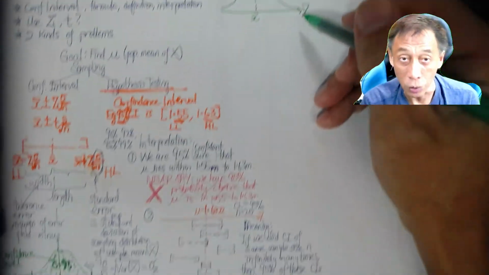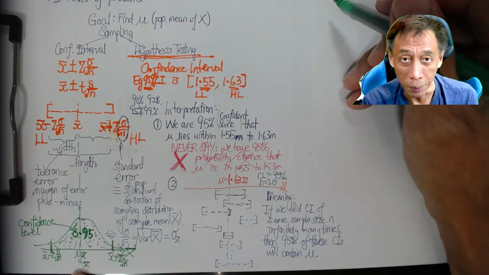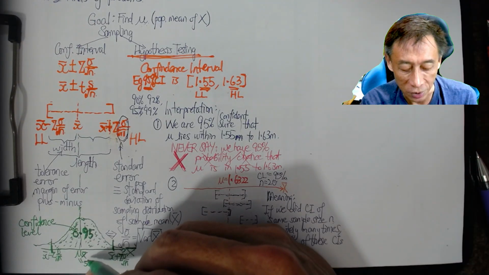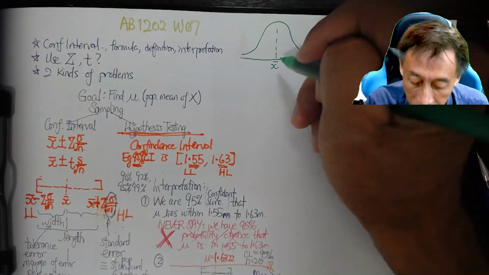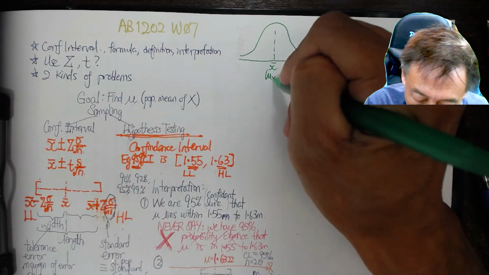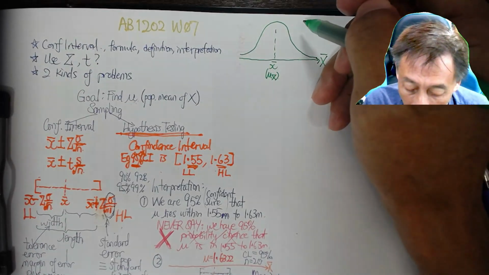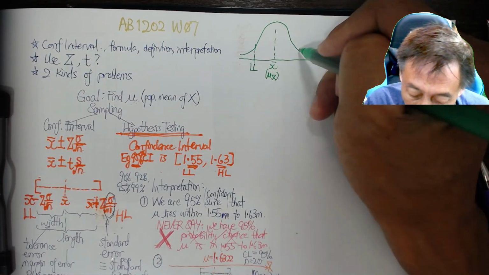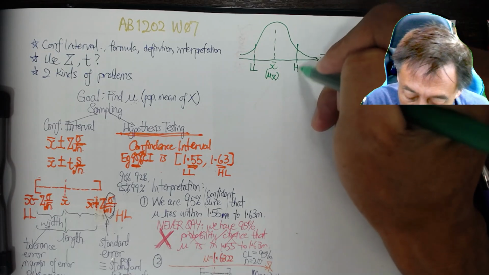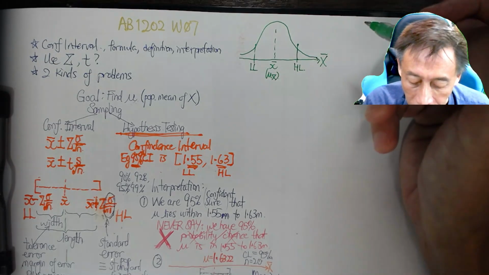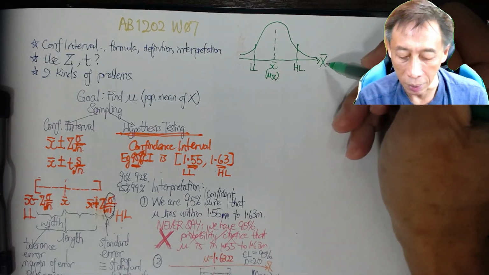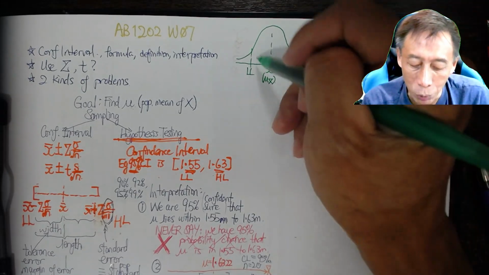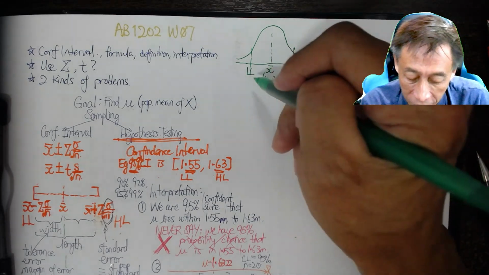I'm just going to shortcut it to little X bar itself, knowing that it is just a point estimate of mu. I better write this down. And we calculate the lower limit and the high limit, right? I was saying that X bar is going to be normally distributed so that we can calculate Z or T.